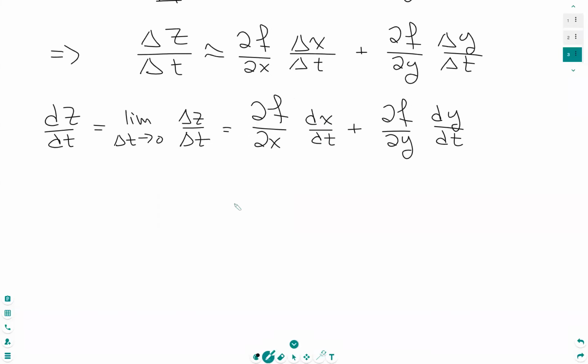And because we know that z is equal to just this function f, we can write this as partial z partial x dx/dt plus partial z partial y dy/dt.